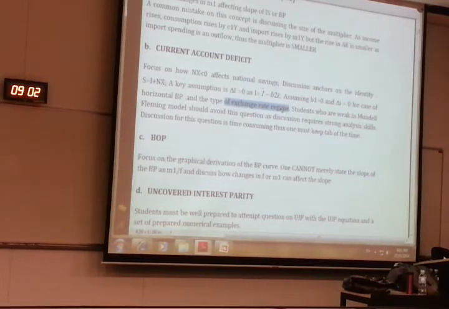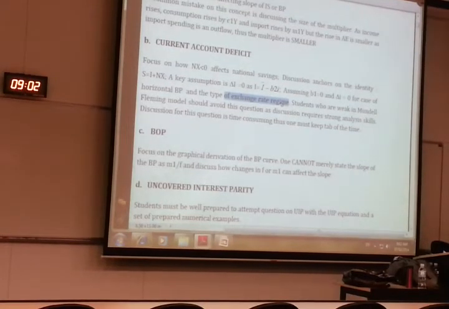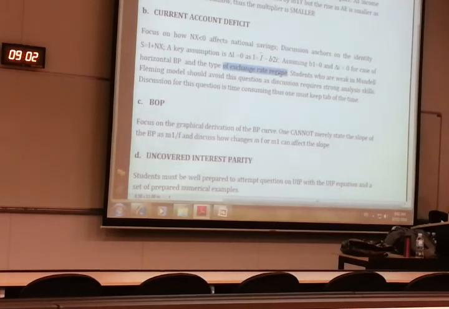So you have to be well prepared in advance. So students who are weak in Mundell-Fleming should avoid. But since the new exam format, you cannot choose question, then you should do it last. Alright, you cannot say this is difficult, I do it first. Because it's very time consuming. Alright, so if you don't answer the question, you can write 2-3 pages, you still can get 0 very easily.